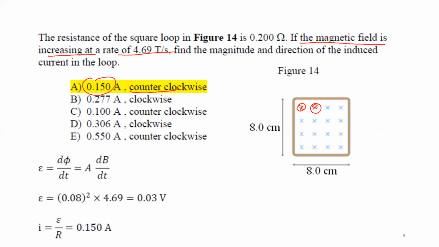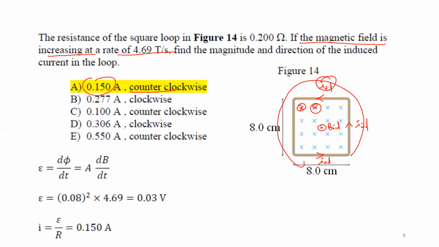So if it's pointing inward and increasing, what should be my induced magnetic field? Inward or outward? Of course, outward. So if my induced magnetic field is outward, my induced current is going in the counterclockwise direction, okay?